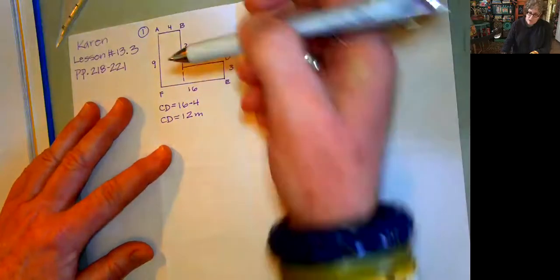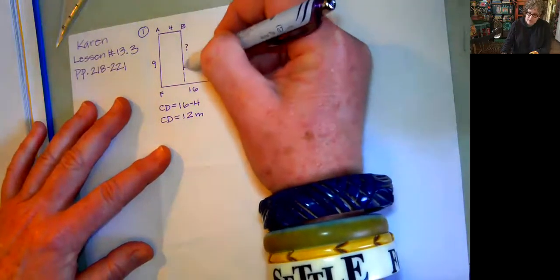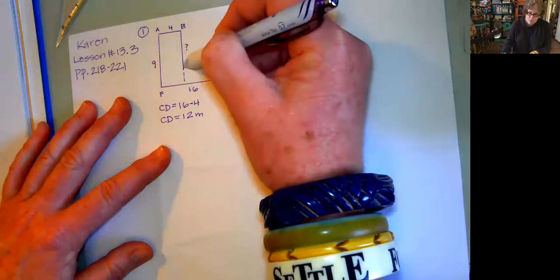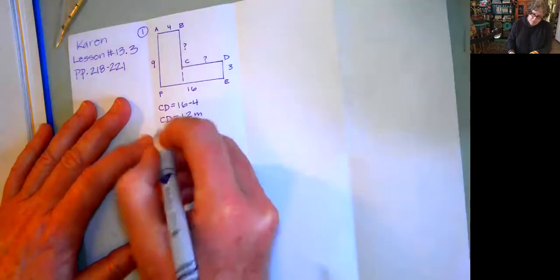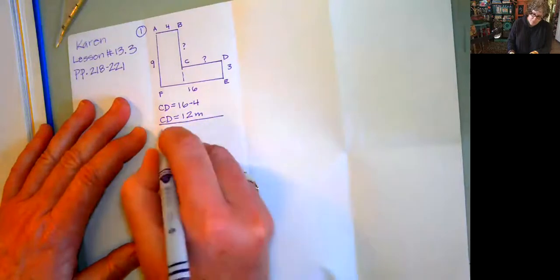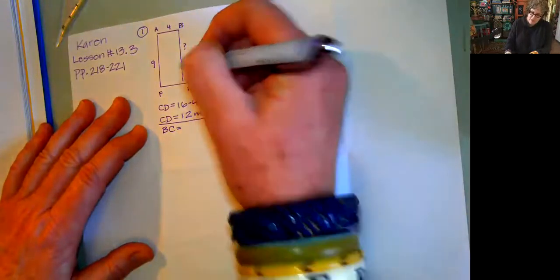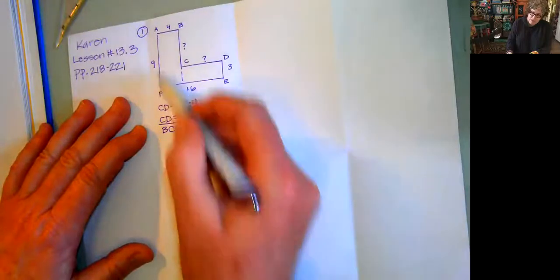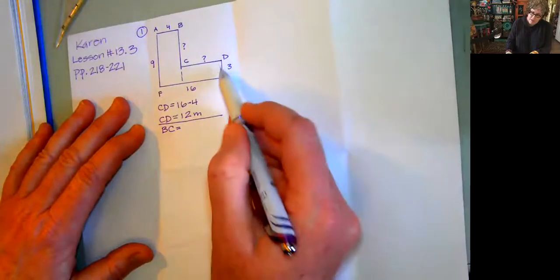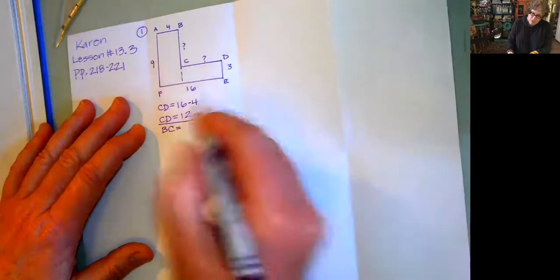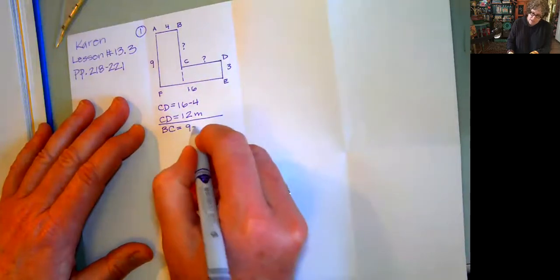Now, we don't know this one right here. We do know we're looking for BC. So BC is going to equal 9. 9's the total length. And then this length is 3. So we're going to say 9 minus 3.